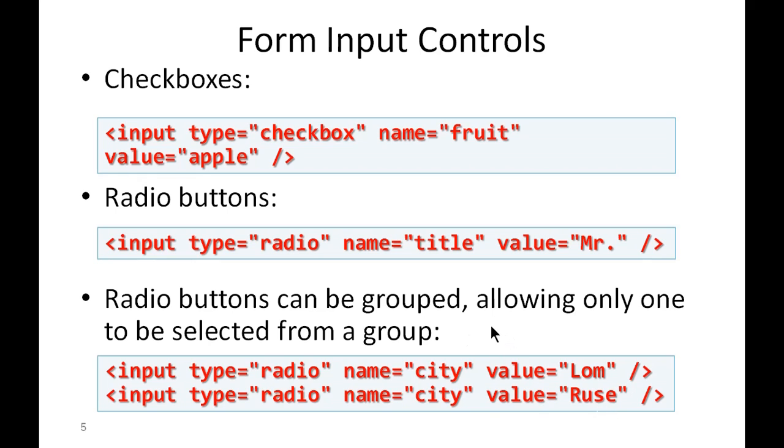So the radio buttons will be displayed as circles, two radio buttons, one above the other. Okay, and adjacent to them there will be loam and, second, rules. So when you click the first and when you click the second, only one will be selected at a time, both will not be selected. Okay, so in this way a radio button actually works.